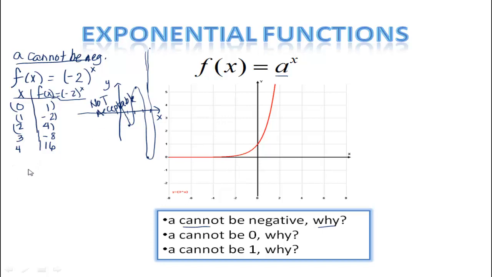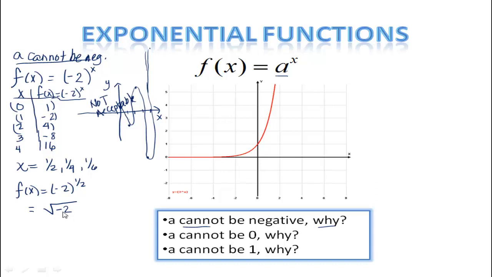Another reason it can't be negative is because x can also have, besides values like integers, positive and negative numbers, I can also have x have values like these. Okay, so let's suppose I have f of x equal to negative 2 to the 1/2 power. That I can change into a radical. And do we have a number that exists in our real number system, which is the answer to the square root of negative 2?